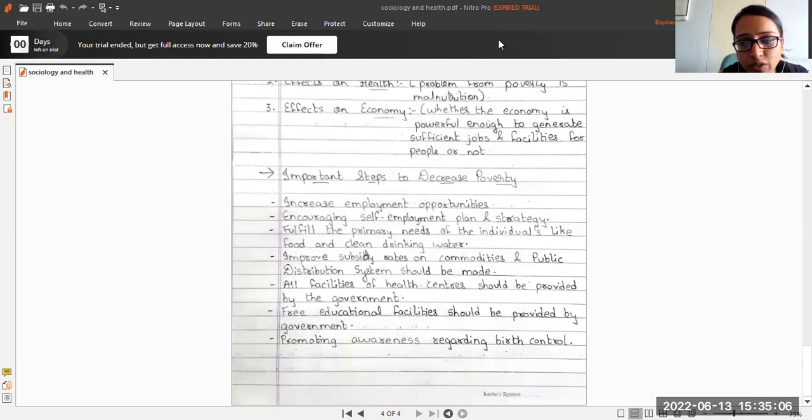Fulfill the primary needs of individuals like food and clean drinking water. At least every person gets good food to eat and clean drinking water to drink. Improve subsidy rates on commodities and the public distribution system. All facilities of health centers should be provided by the government. Free educational facilities should be provided by the government, along with promoting awareness regarding birth control. So these were some important steps to decrease poverty.